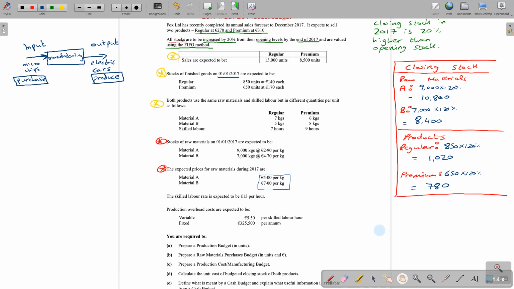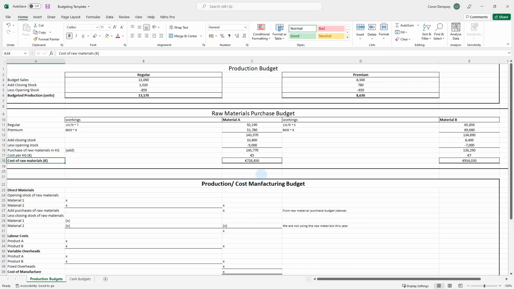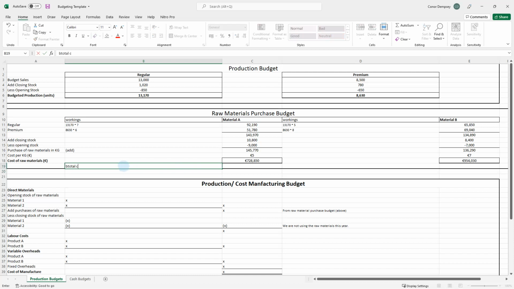We have to prepare a production cost manufacturing budget. So everything we need is going to be in euros. What I'm going to write down here now is the total cost of purchases, which is going to be this plus this, 1,682,880.